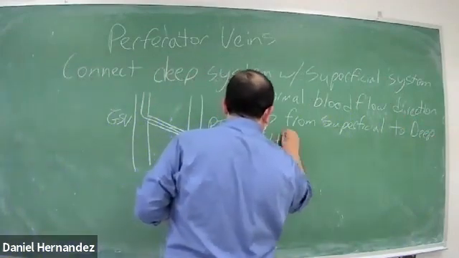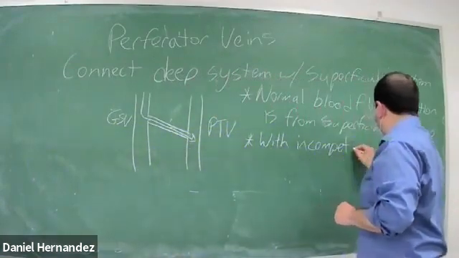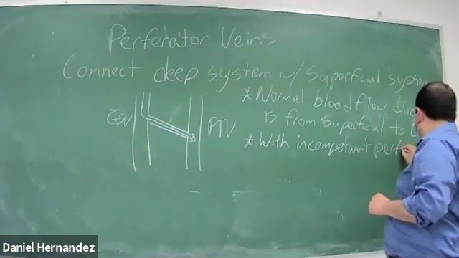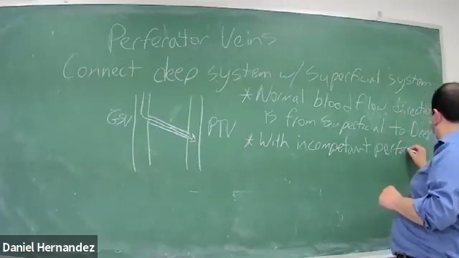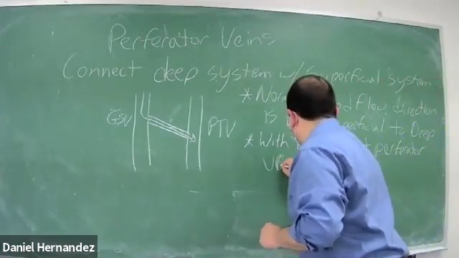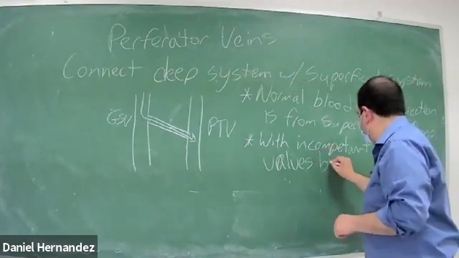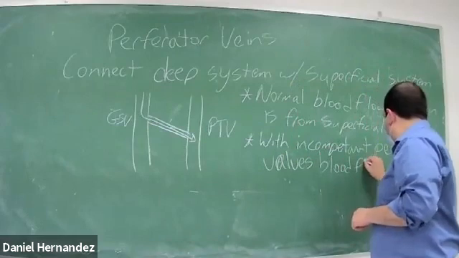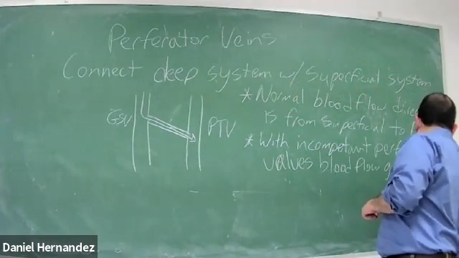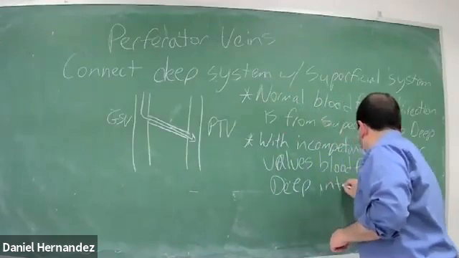With incompetent perforator valves, meaning valves that leak, blood flow goes from deep into superficial.